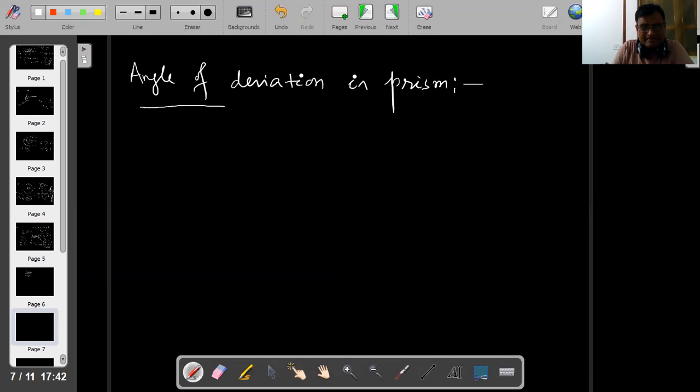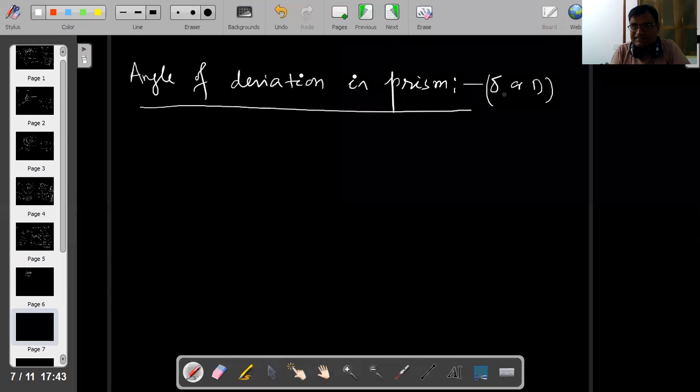Delta or capital D. We have already discussed deviation in reflection and deviation in refraction. Deviation in reflection is 180 minus 2i, where i is the angle of incidence. Deviation in refraction is i minus r. Now we have to see deviation in prism.